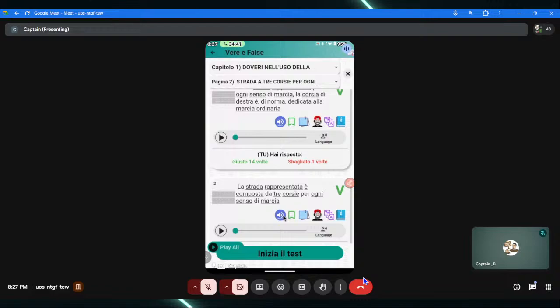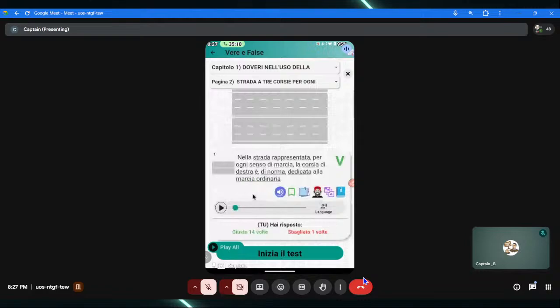La strada rappresentata è composta da 3 corsie per ogni senso di marcia. He said, la strada rappresentata, the road represented, is composed of 3 lanes per ogni senso di marcia.